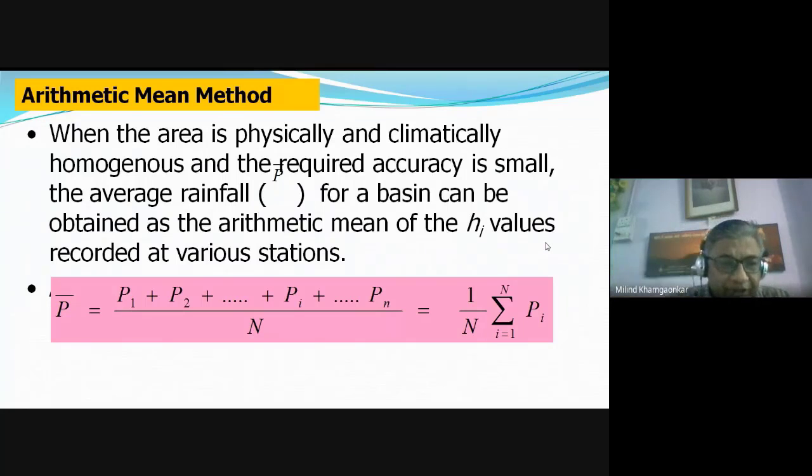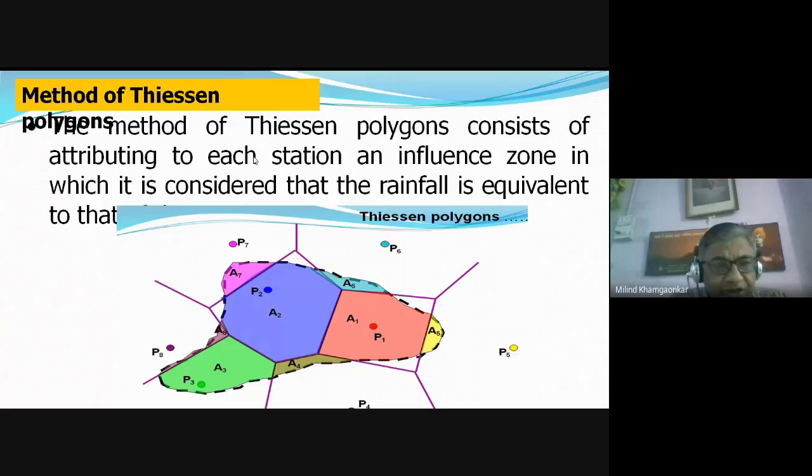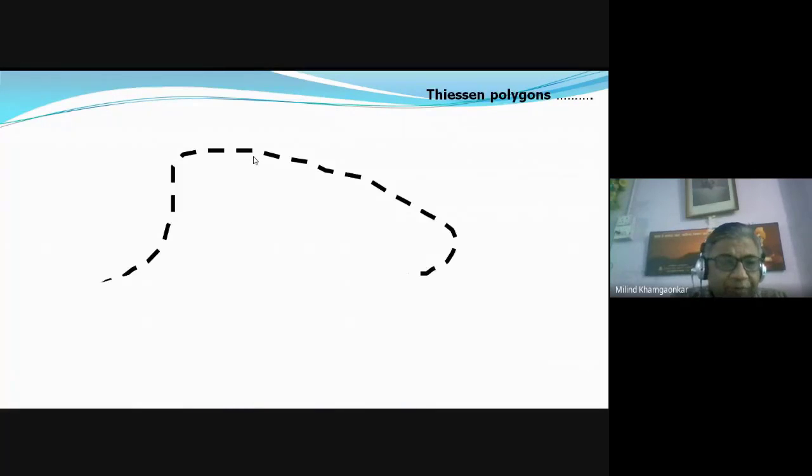In the arithmetic method, whatever number of rain gauge stations we have, that is capital N, the precipitation data from those rain gauge stations for a certain duration or period is added and divided by the number of rain gauge stations, which will give you the average precipitation over a certain catchment area.